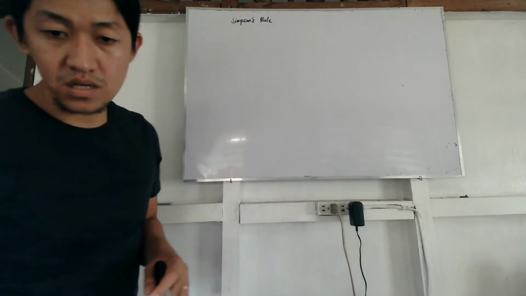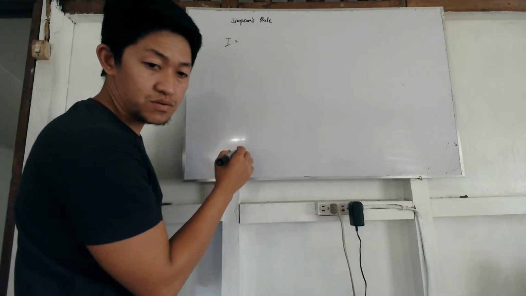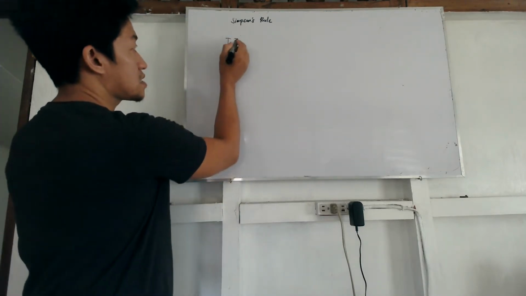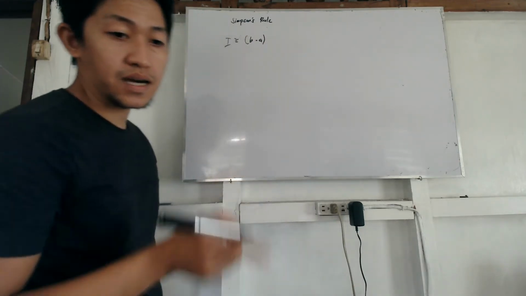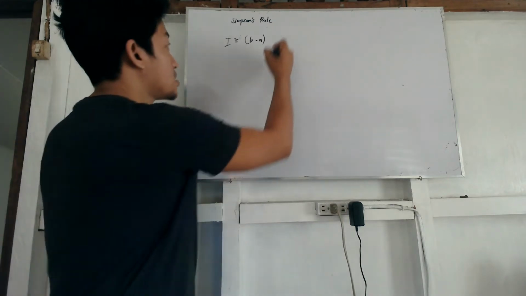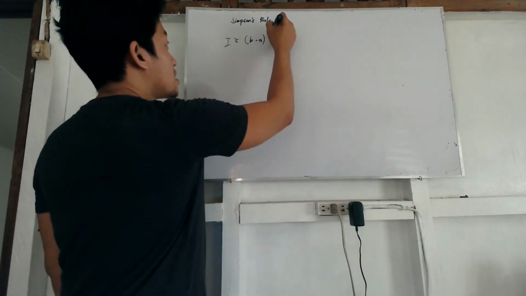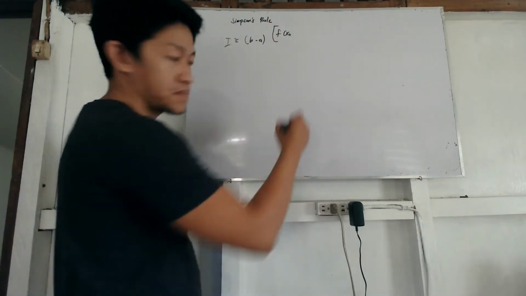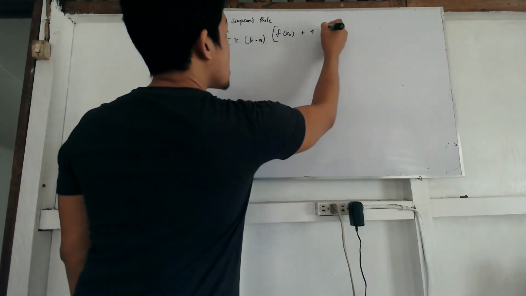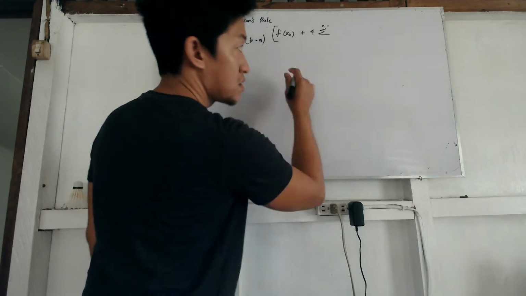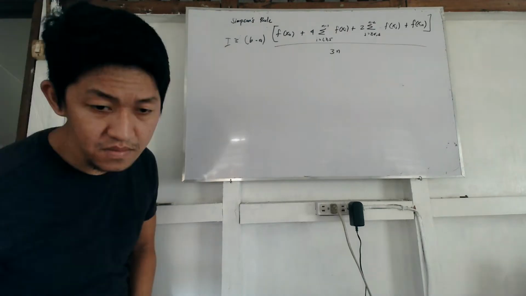So the formula for that, the integral value is equal to, take note that this is just an approximation, b minus a, as well as the other method, plus 4 times the summation.